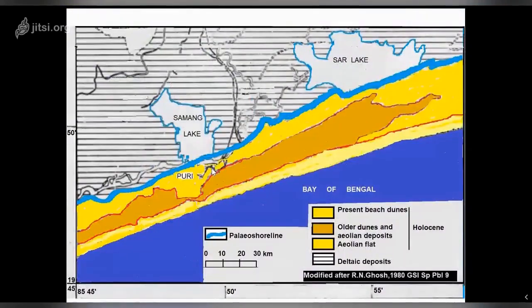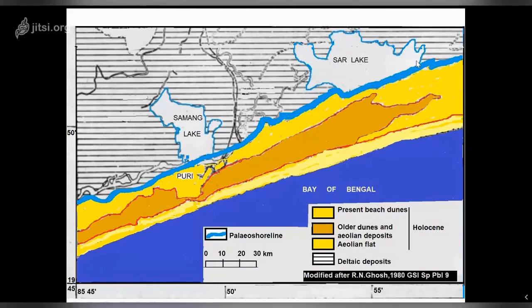As we proceed towards the west, we see in Puri also, it is possible to see the paleo shoreline, and it is indicated by the presence of two lakes, Sar and Samang. These two lakes have almost disappeared, in the sense that these are now huge areas of marshy swamps.